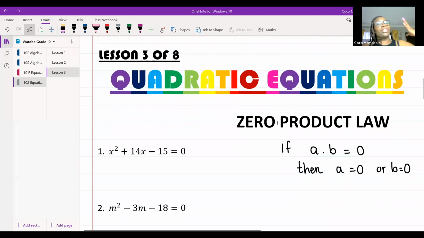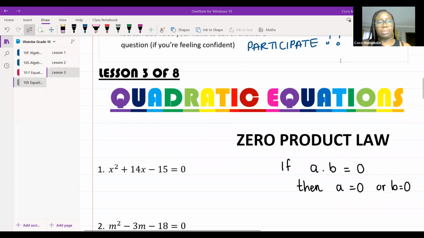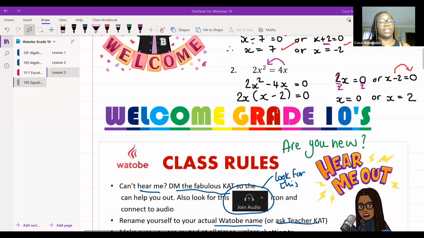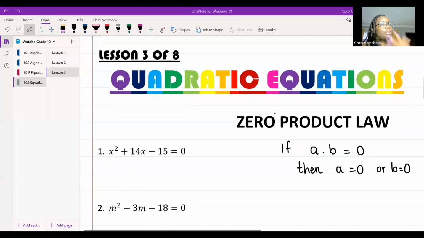All right. So we were learning about the zero product law, guys. The zero product law tells me that if I have 2 things being multiplied to each other, and the answer that I get is 0, that tells me that this thing is either 0 or this thing is 0, because anything times 0 is equal to 0.